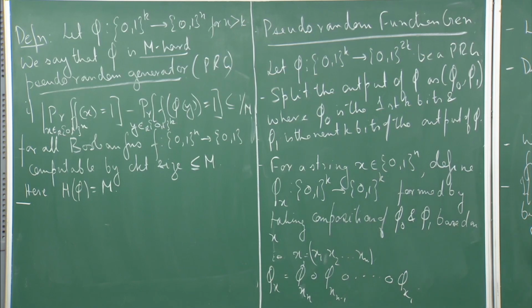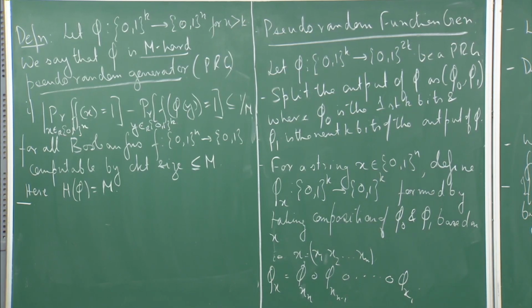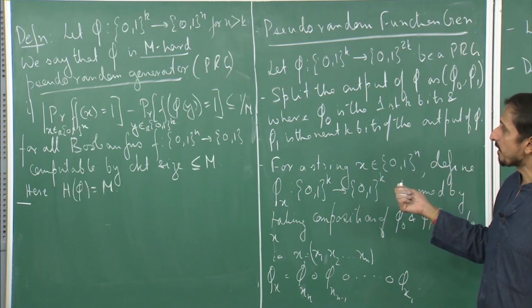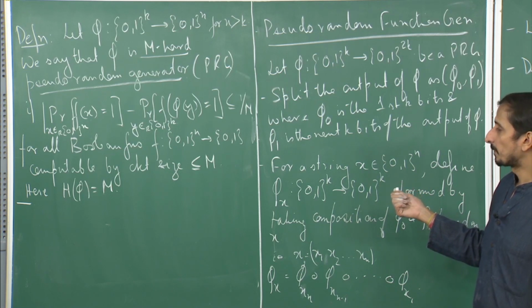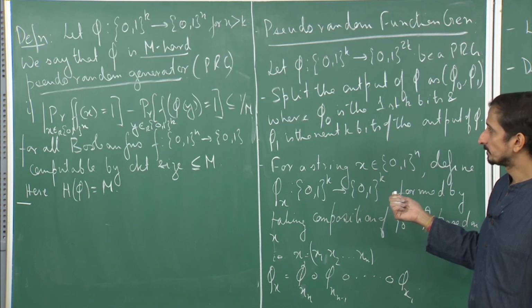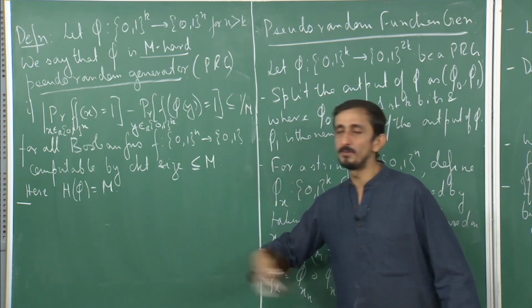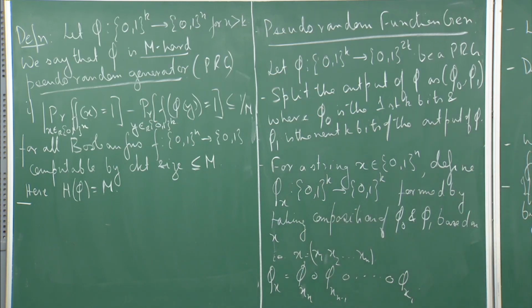In other words, it would show that it is easy to break efficient pseudorandom generators.